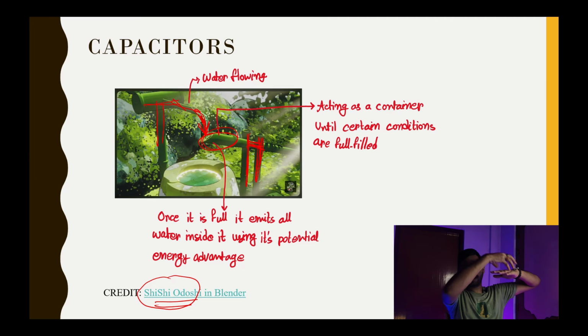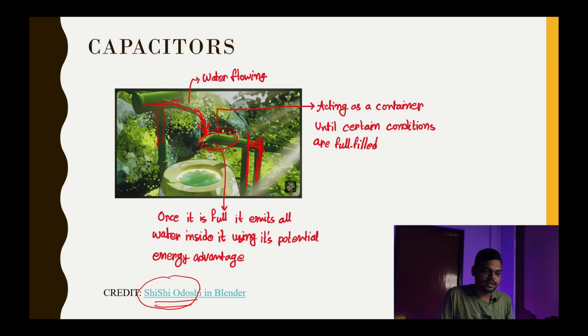This bamboo structure holds the water for some time until certain conditions are fulfilled. Until then it holds the water, and when it gets filled with water, it drops the water into another pot.